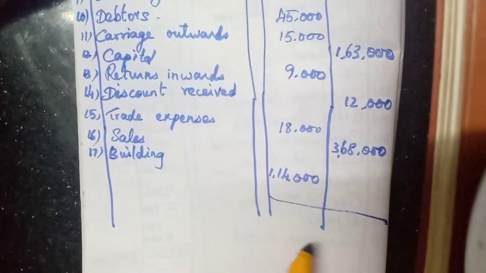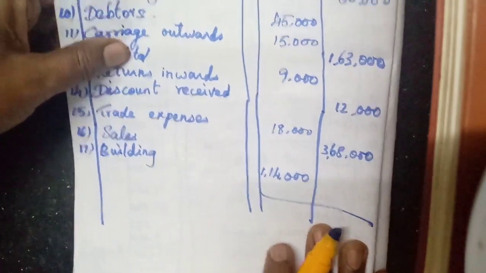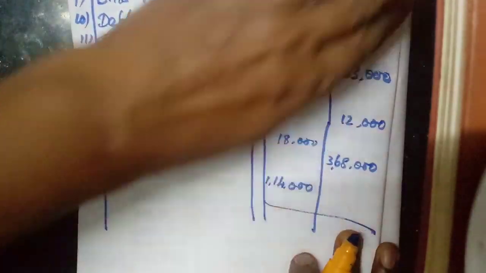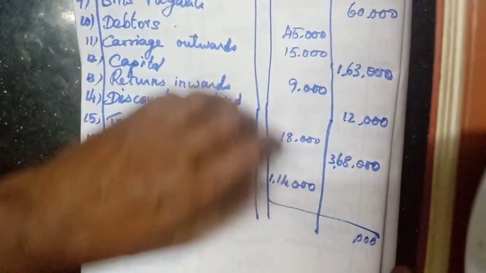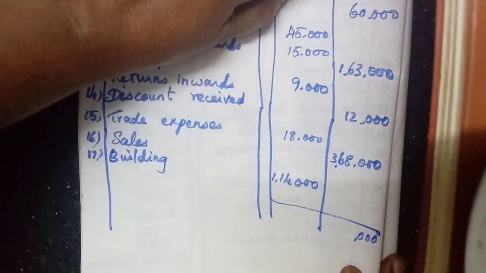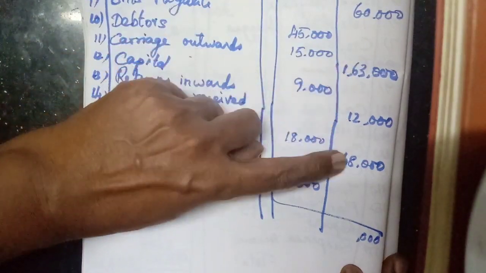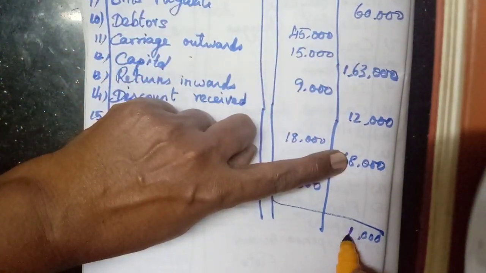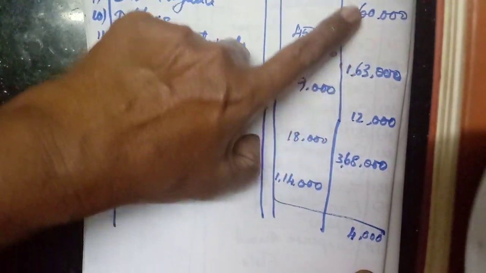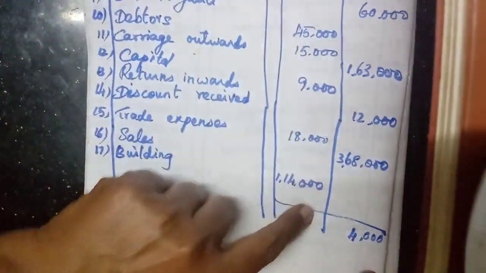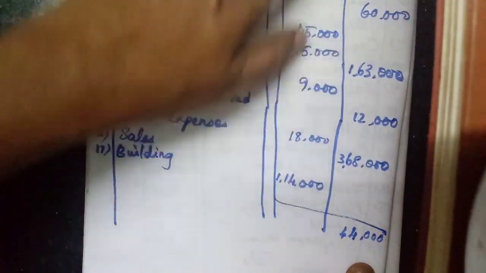Now we will add. Okay. Credit side. 0, 0, 0. 3 zeros. Fourth one. 11, 14, 16, 24. Balance 2. 8, 9, 15, 21, 24. Balance 2. 5, 6, 7.